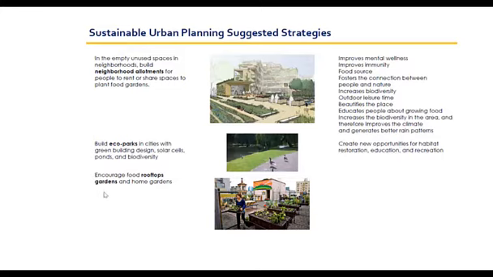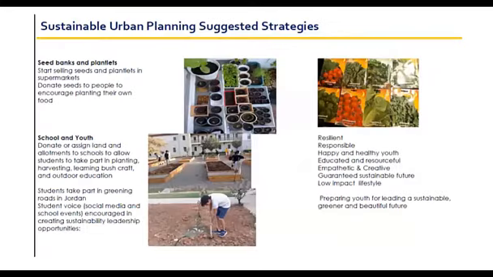This will also encourage food rooftop gardens for places with limited space, and people who have space can also have home gardens. Also, we can encourage collecting seeds, and we can start selling seeds and plantlets in supermarkets and donate these seeds to people to encourage them to plant their own food.